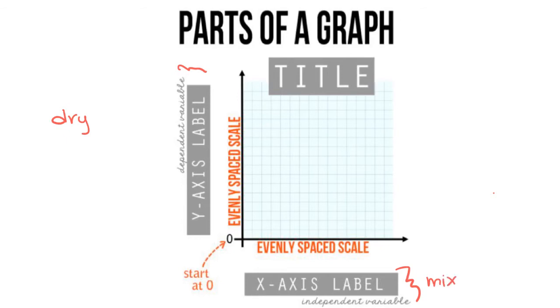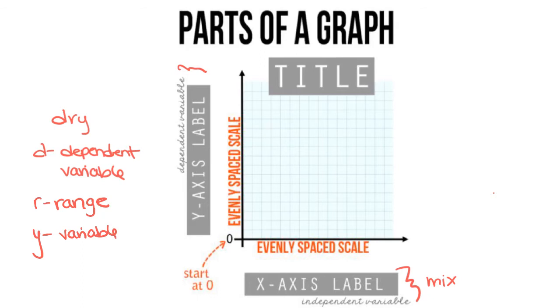Well, I remember that D is the dependent variable, that R, if you remember in math, is the range, and Y is that variable I'm looking at, the y-axis. So DRY and then MIX.